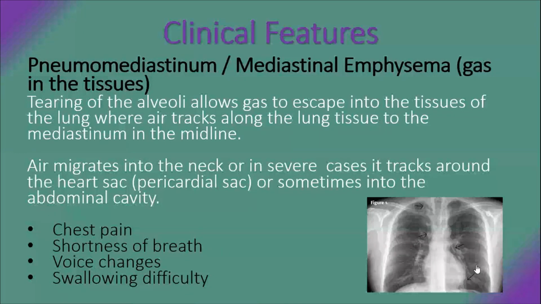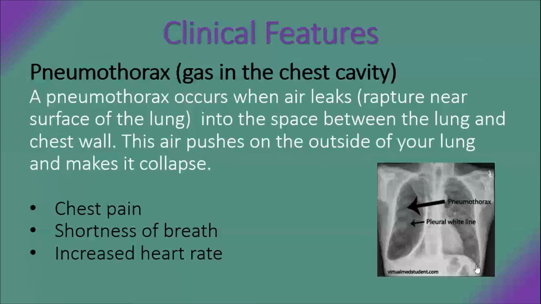Okay, next is pneumothorax. This is gas in the chest cavity. It occurs when air leaks from a rupture near the surface of the lung into the space between the lung and the chest wall. This air pushes on the outside of your lung and makes it collapse.